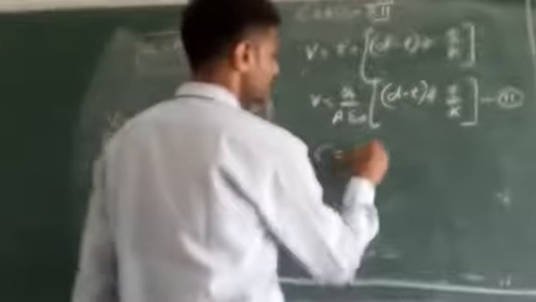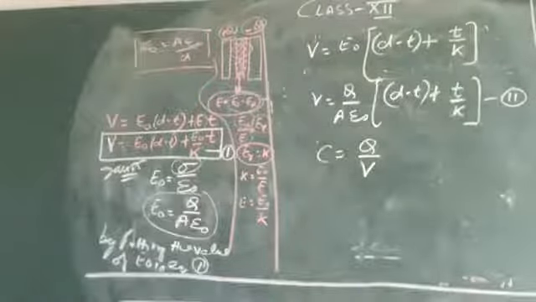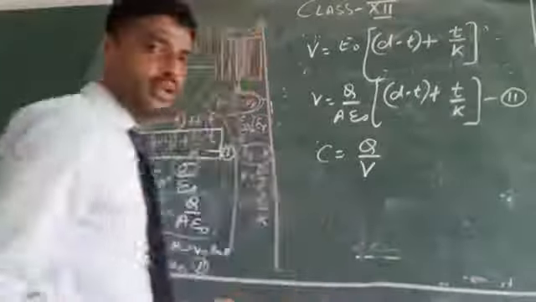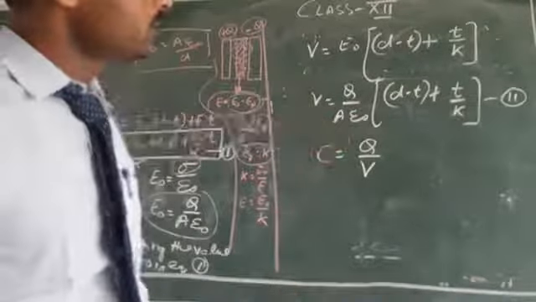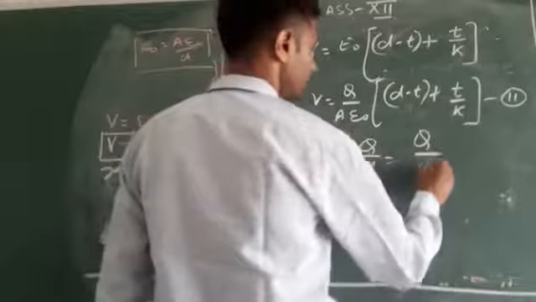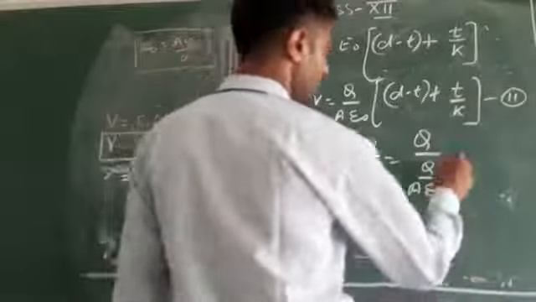As you know, the capacitance C is equal to Q upon V. So by putting the value of the electric potential from equation second, C equals Q divided by [Q upon A epsilon naught times (d minus t plus t upon K)].